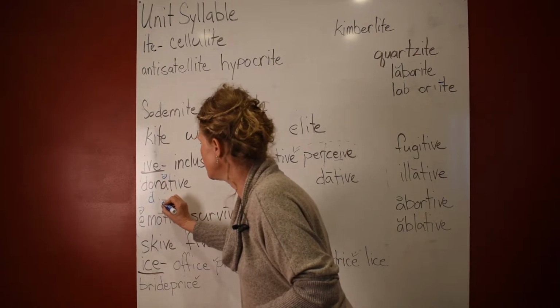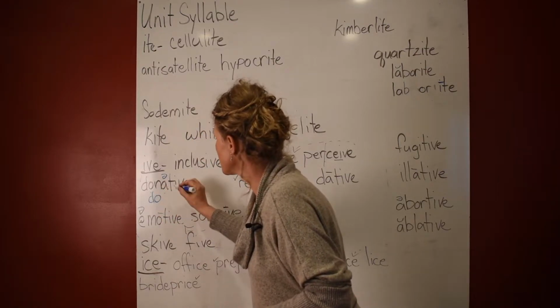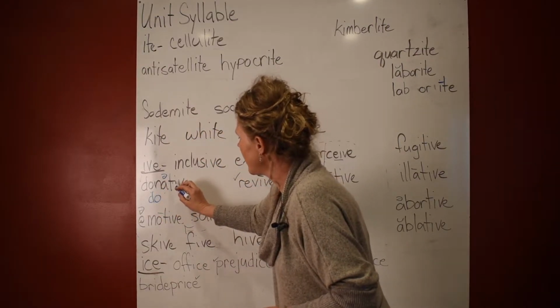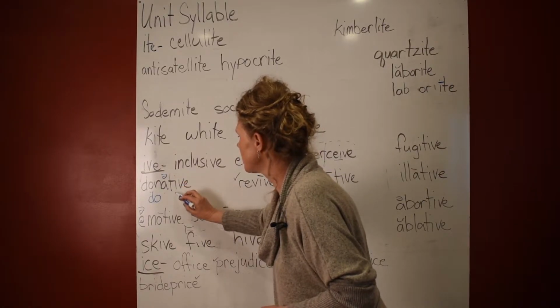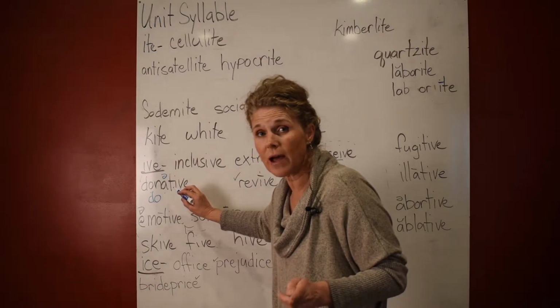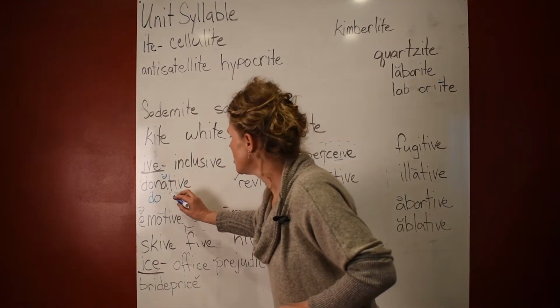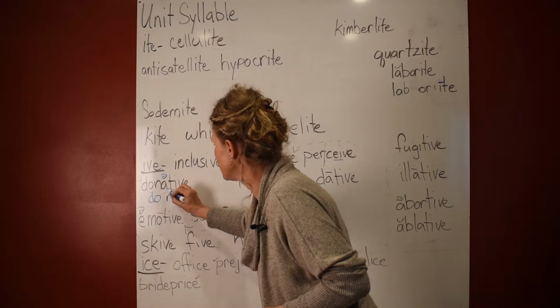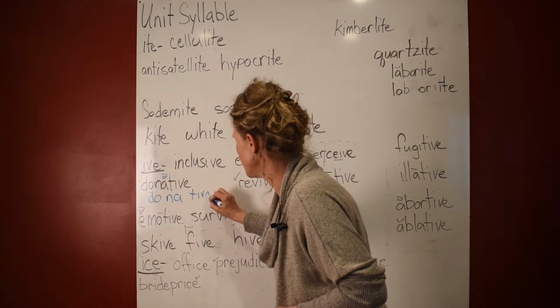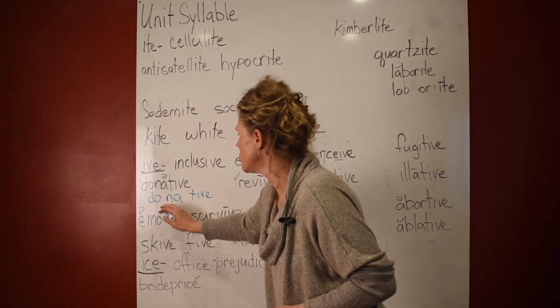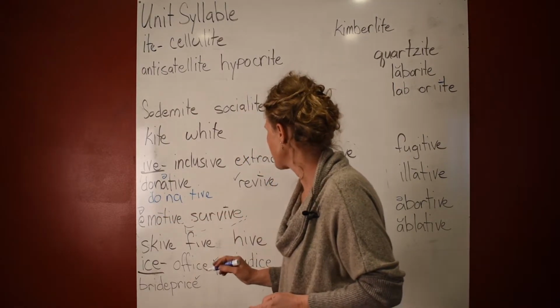So we're gonna go D, O, and look, we have your IVE. It's gonna grab your T. So you know this T is gonna be with here. It will not do that with a vowel. It will only do it with a consonant. So we know that we have NA with that one, and the T goes with the TIVE. So that will help you: donative, okay?